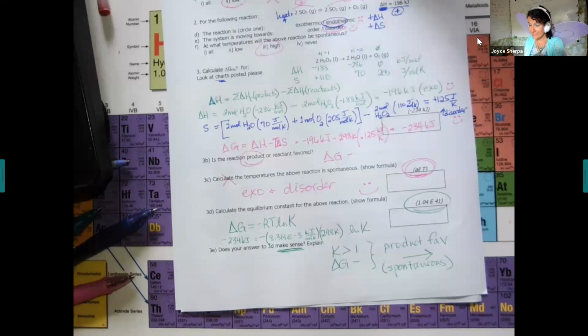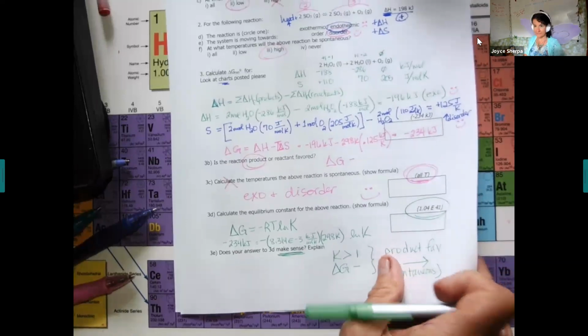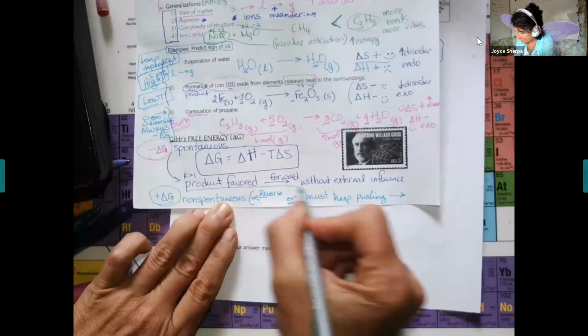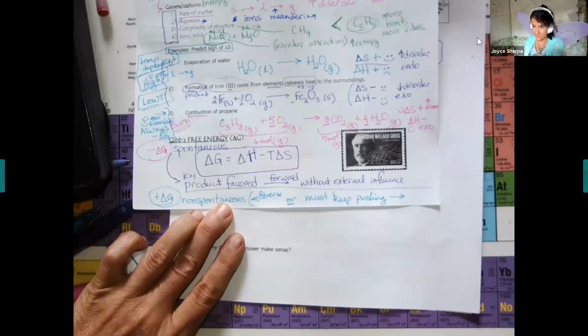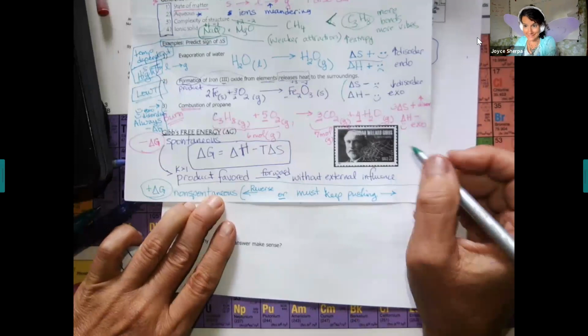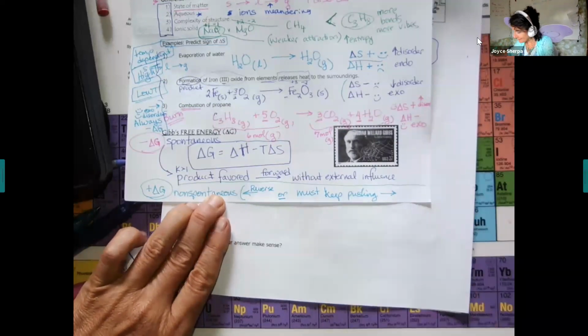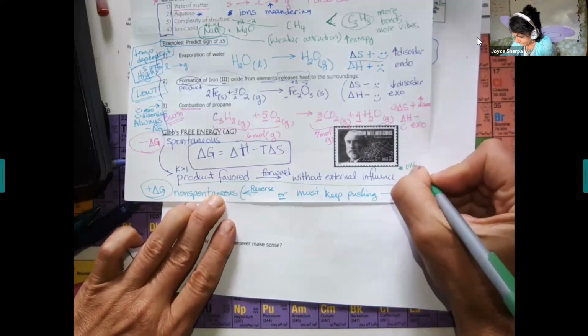But we got to go back to that first page and add that piece. I just realized I left that off. So delta G is that it's product favored. You don't have to push it. There is a but. Like I said, there's always a but to everything. That's how they can keep it a law, is they keep adding to it. You must start it once started.